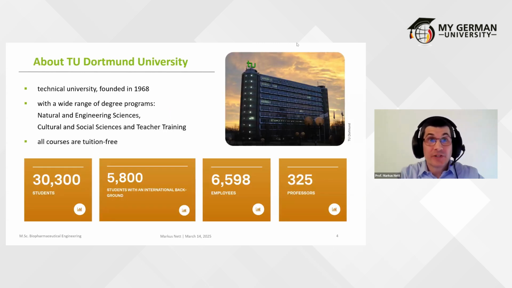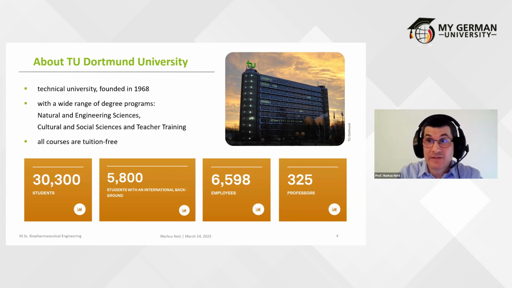Now, TU Dortmund University was founded in 1968, so it represents a comparatively young university. It hosts more than 30,000 students, of which about 20% have an international background. Our staff comprises almost 6,600 employees, as well as 325 professors.